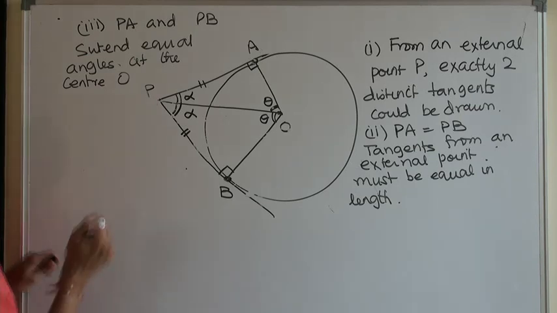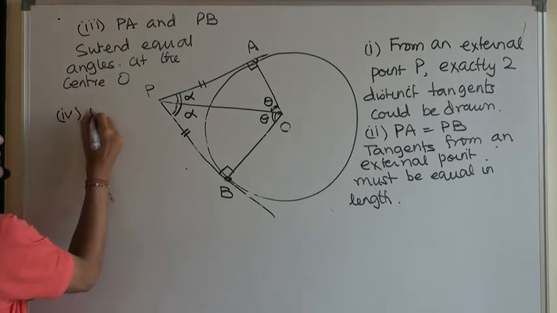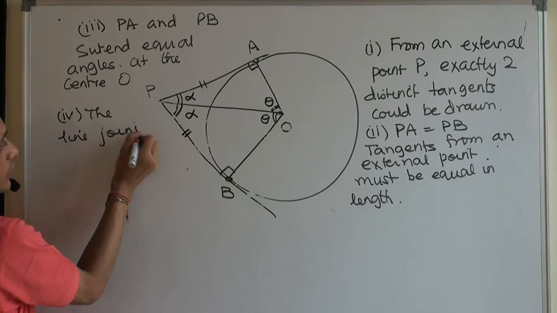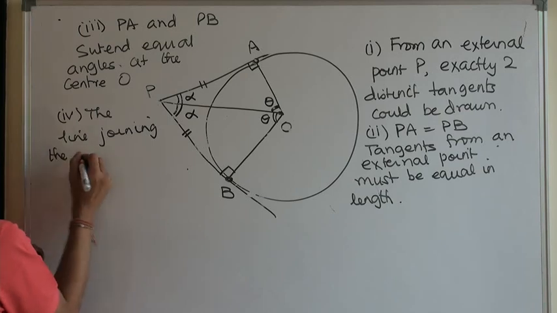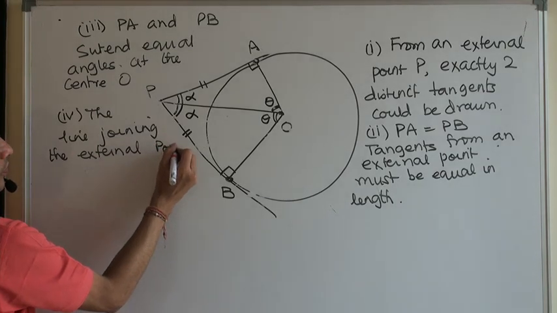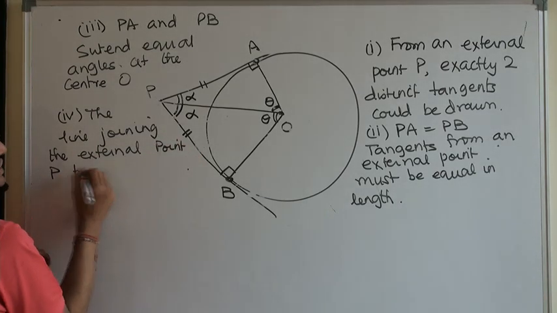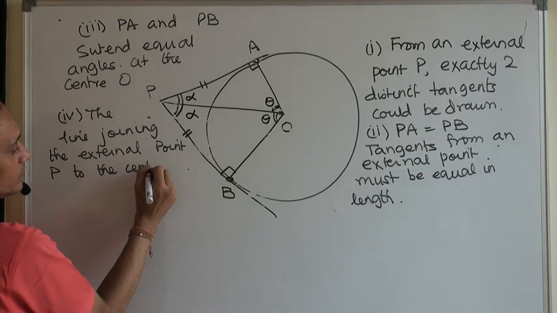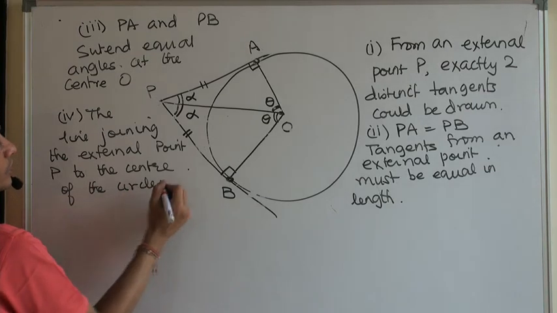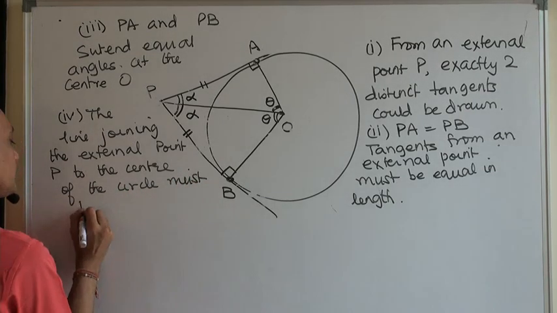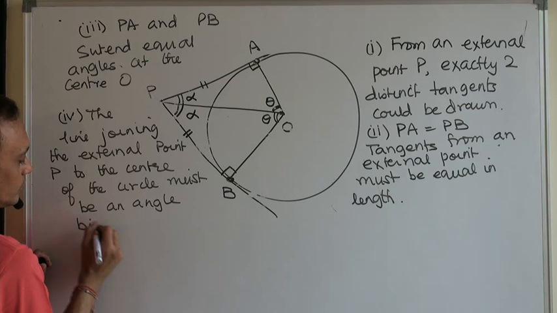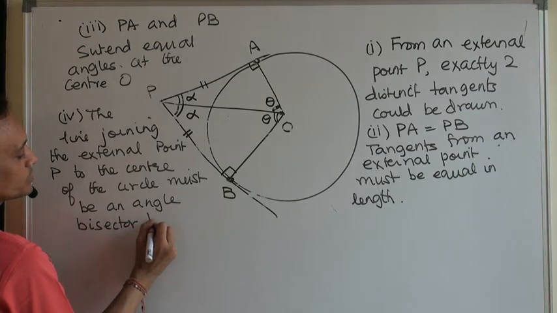And then we have the line joining the external point P to the center of the circle must be an angle bisector between the two tangents.